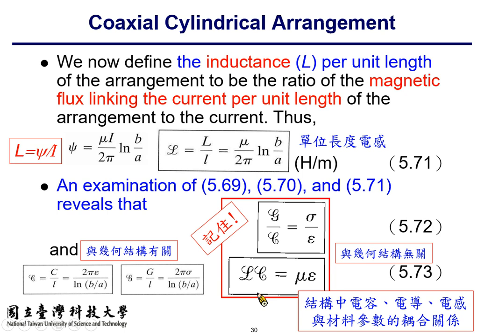The circuits you learn from 电路学1, 电路学2 are the so-called lump circuits, or quasi-static approximated circuits.